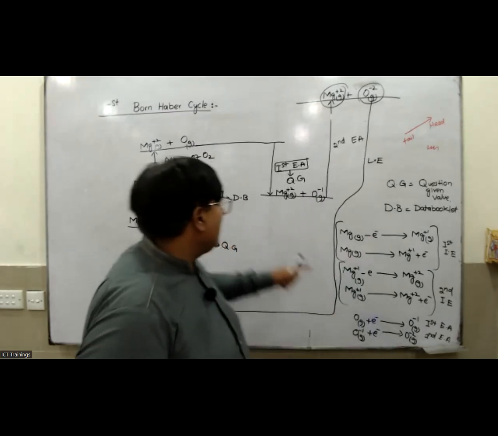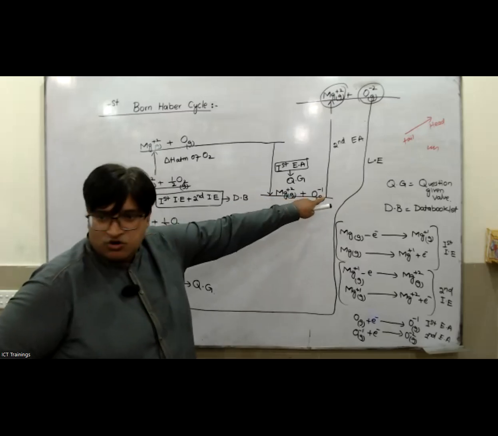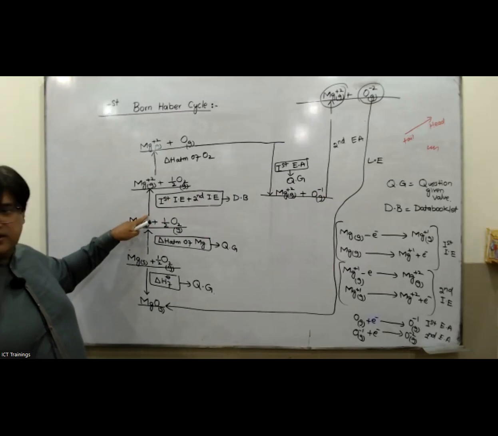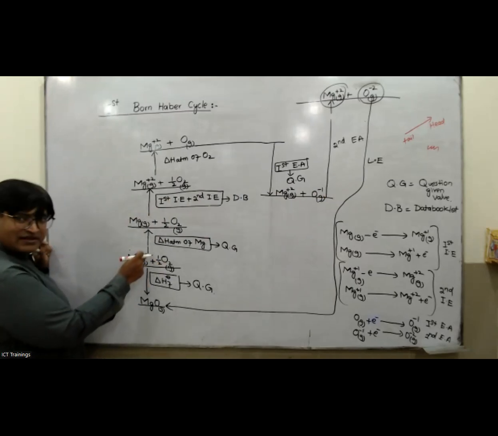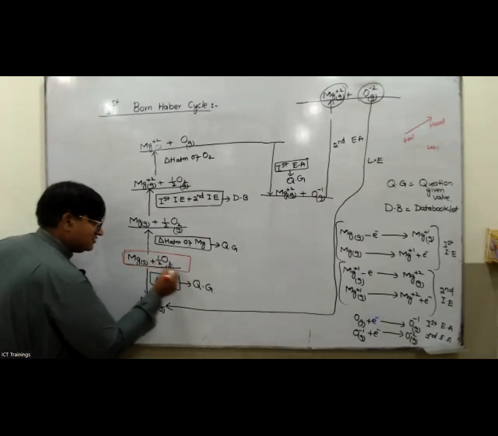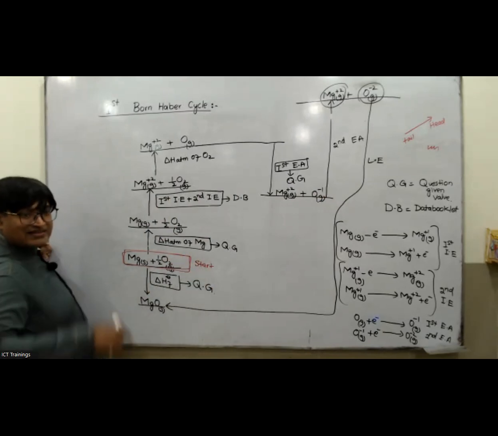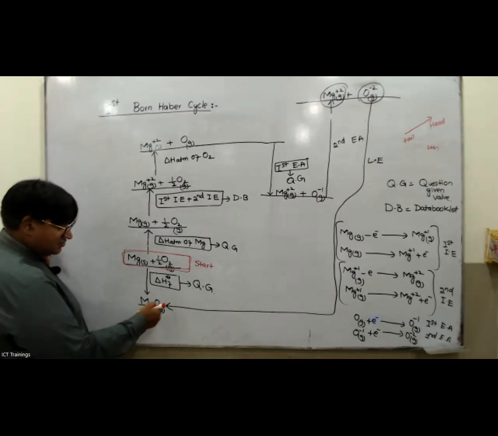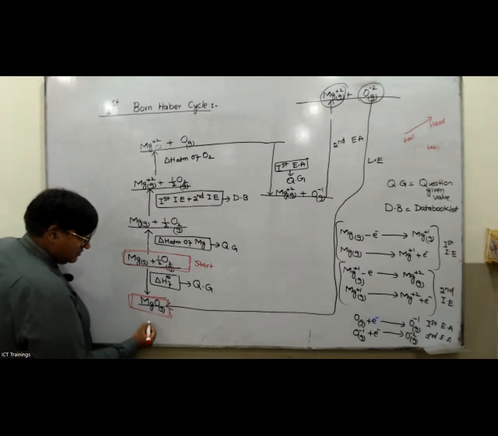This place has a head and a tail, no. This place, head and tail, no. This place, both of them are tails. So this is the starting point. And the end point is where all the heads are present. Head and head, this is the end point.